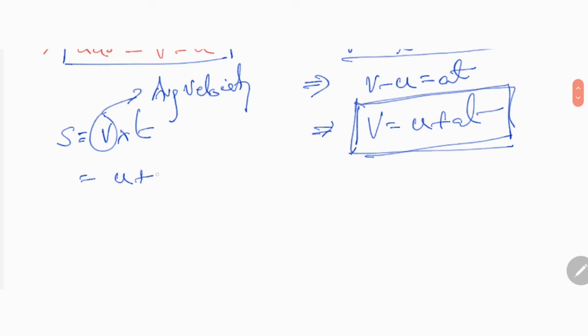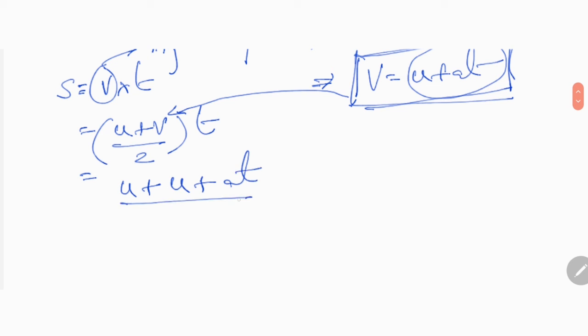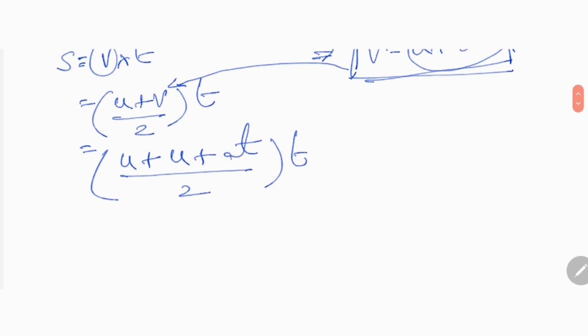It is initial velocity plus final velocity divided by 2. No doubts in this, right? This into t. And now we already have a value of v here, which we have derived here. So can we substitute this value into this v? We can do that, right? So u plus, this is u plus at by 2 whole under brackets into t.